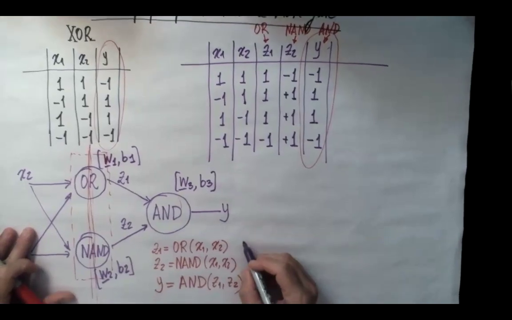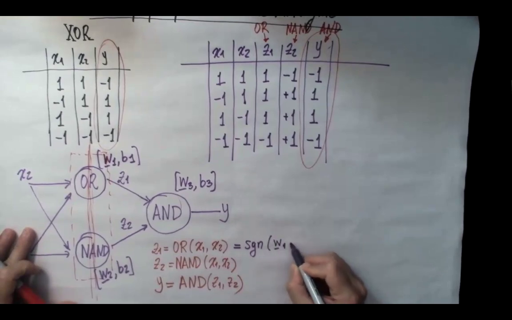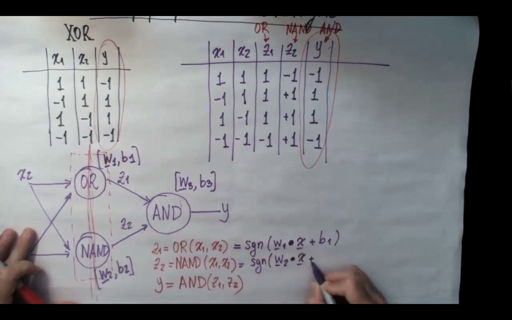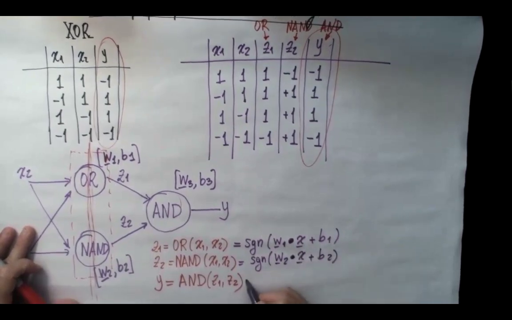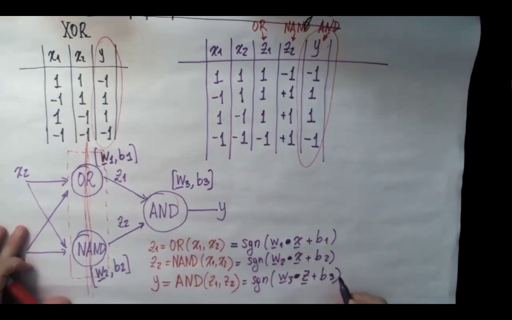And so now this can also be written as the sign of W1 dotted X plus B1, the sign of W2 dotted X plus B2, and the sign of W3 dotted Z plus B3.